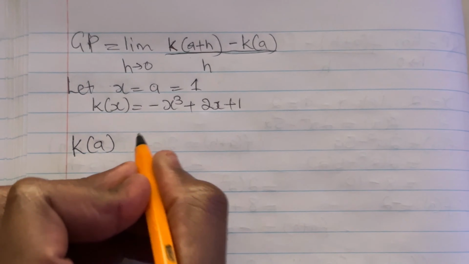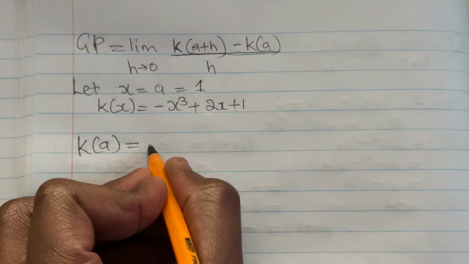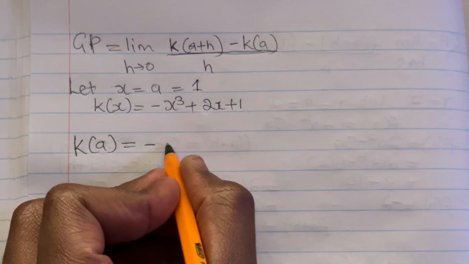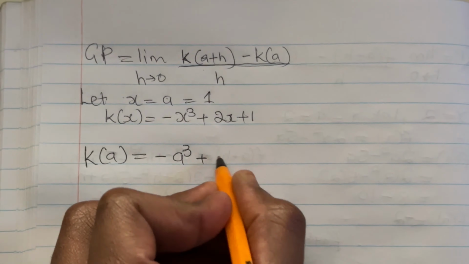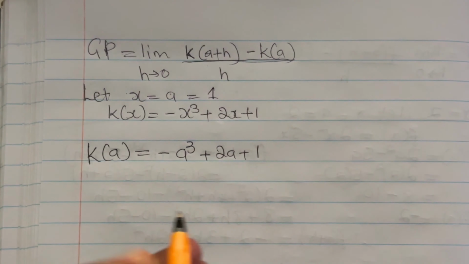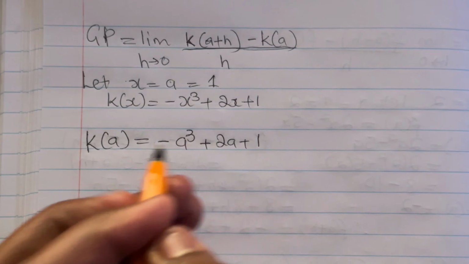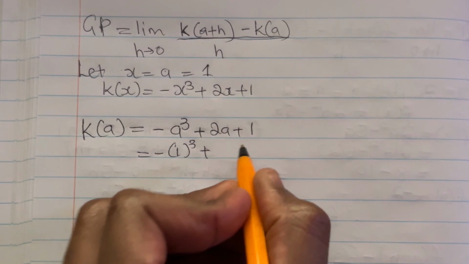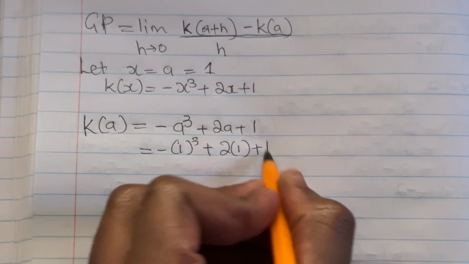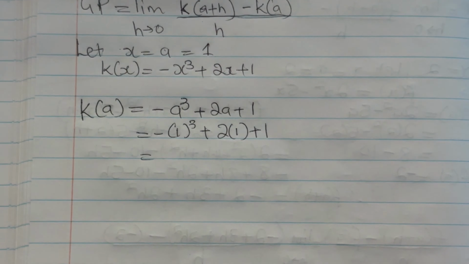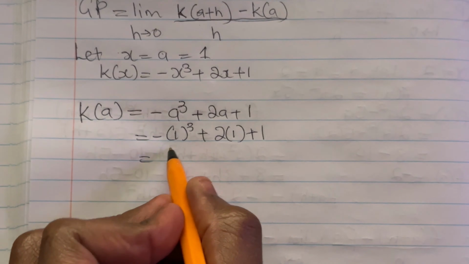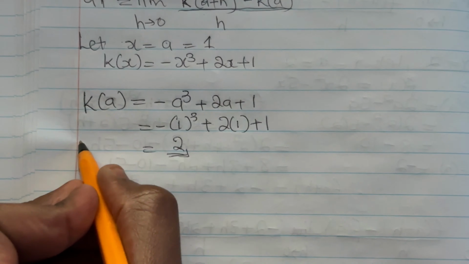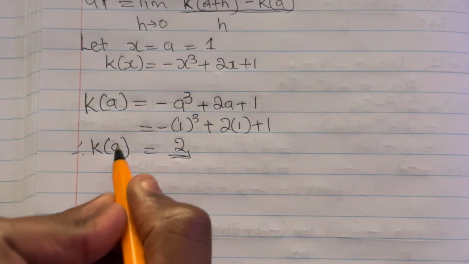K at a is equals to minus a cubed plus 2a plus 1. We know that a is equals to 1, so it's minus 1 cubed plus 2 into 1 plus 1, which you can simplify. You can see that the answer is going to be 2. Therefore, k at a is that.